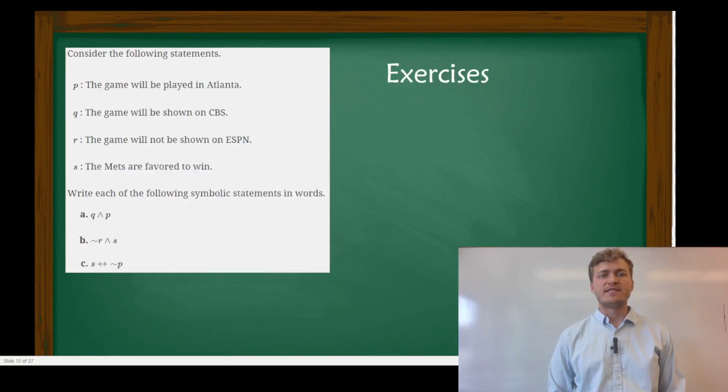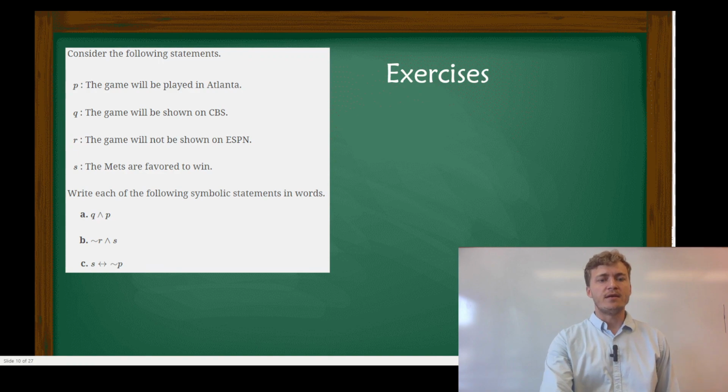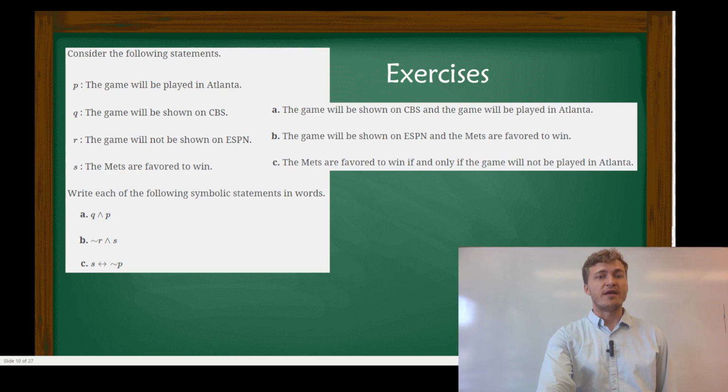Consider the following statements. Write each of the following symbolic statements in words. Part A says Q and P. Once again, all we're going to do there is note that the caret for part A, the upside down V, that's "and." So Q and P just says the game will be shown on CBS and the game will be played in Atlanta.